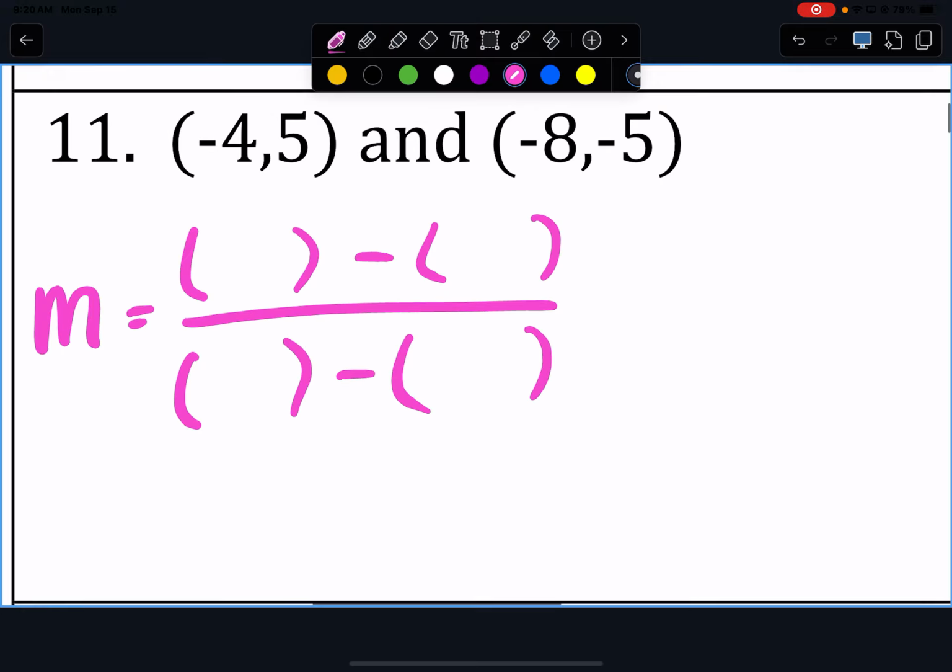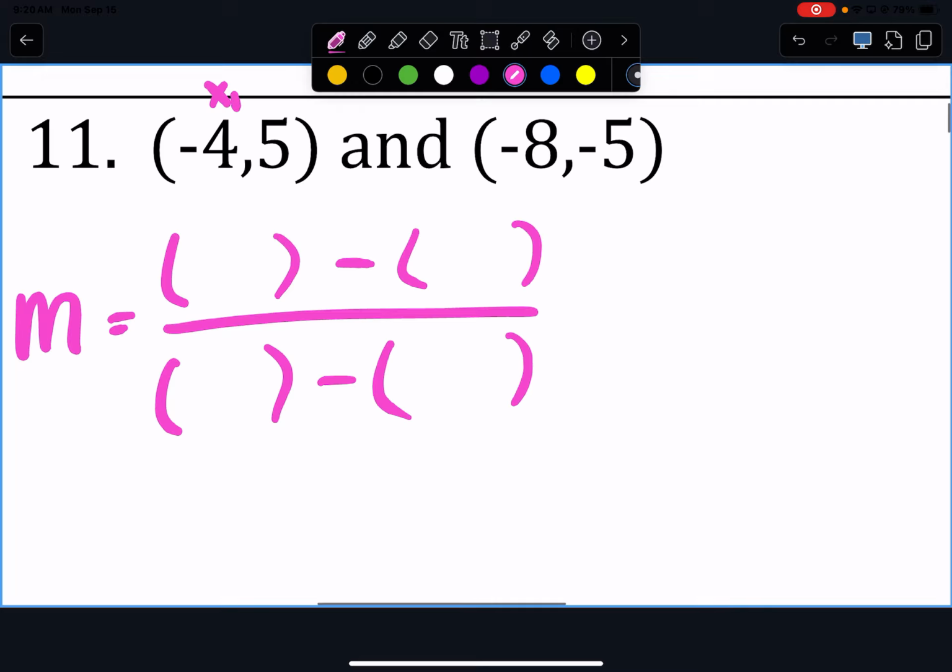So if we look at 11, we have x1, y1, x2, y2. Now, if you are good at it, you don't have to put the parentheses. I don't put the parentheses. But if it helps you to not make sign errors, I want you to do that, okay? So first, what's my numerator going to be? -5 minus.